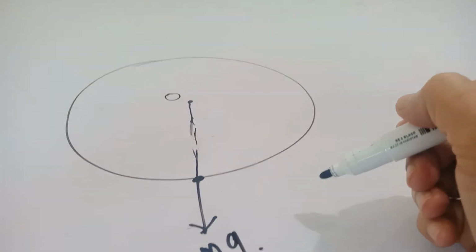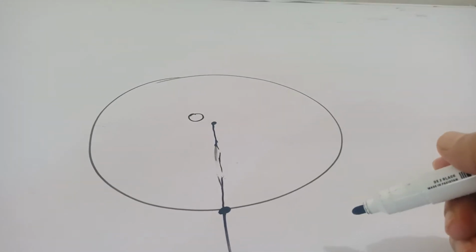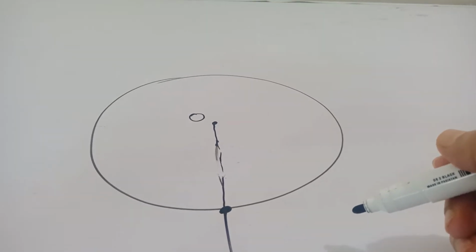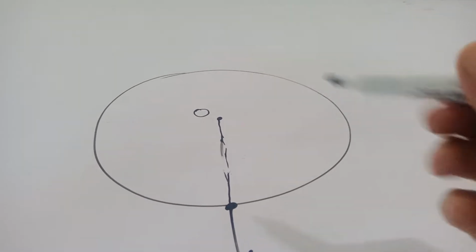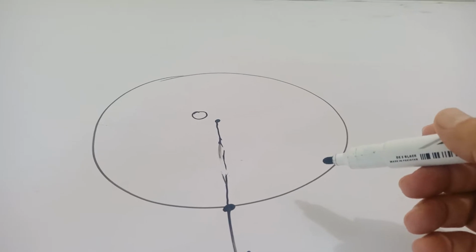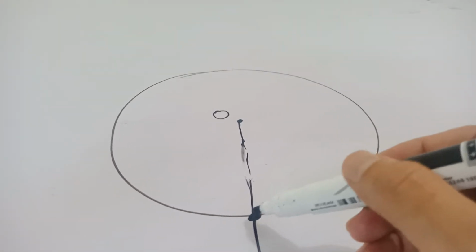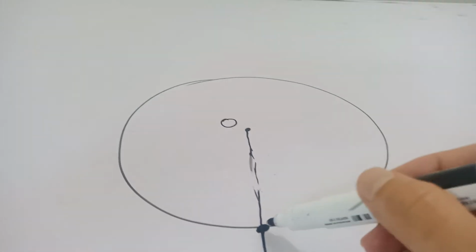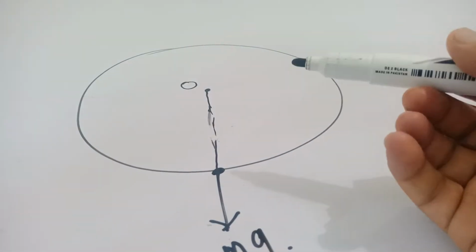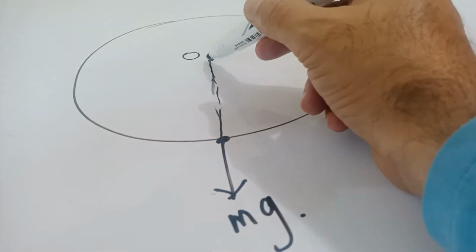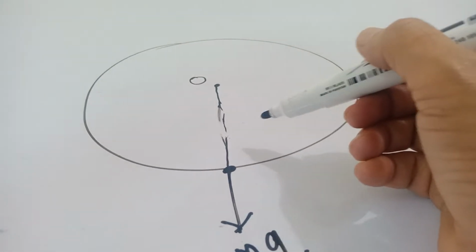mg. Okay, so basically the condition for a particle to complete vertical circles is that if you look at this particle, this is right now in equilibrium, hanging in equilibrium from this point O with a string.